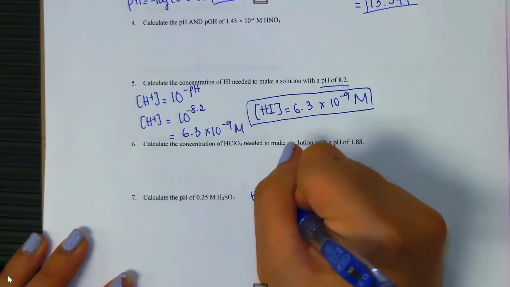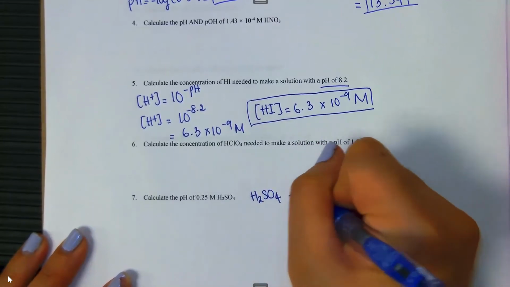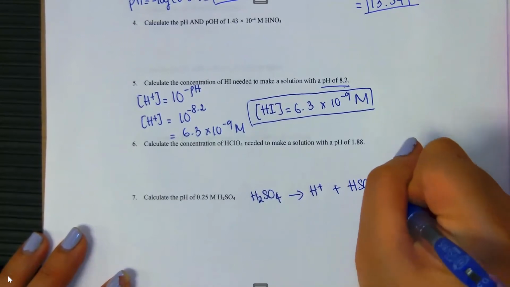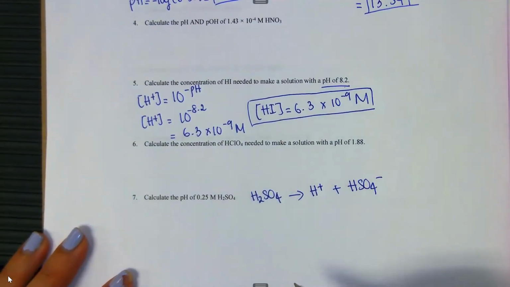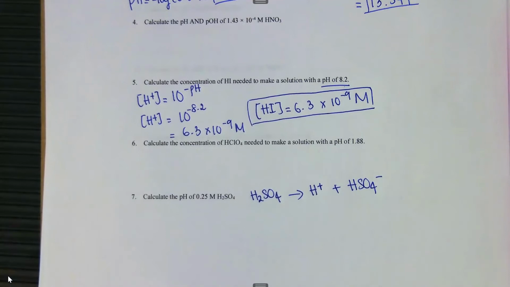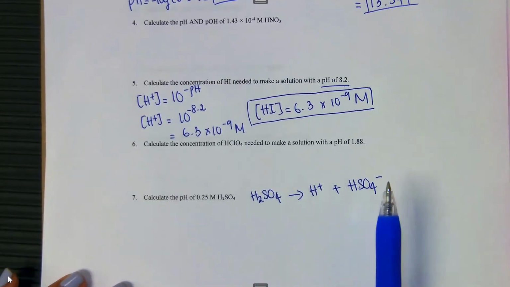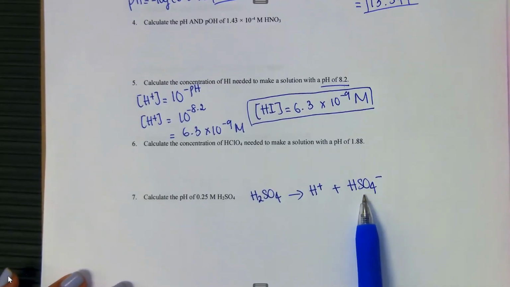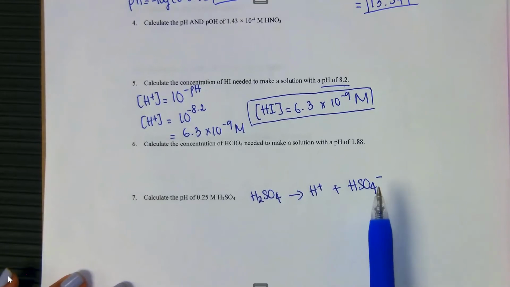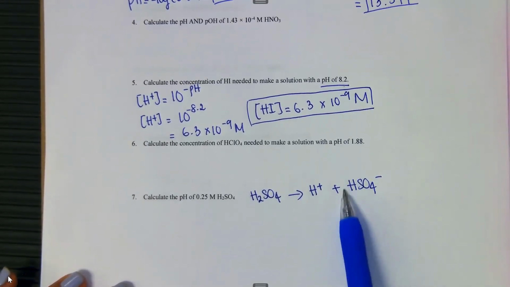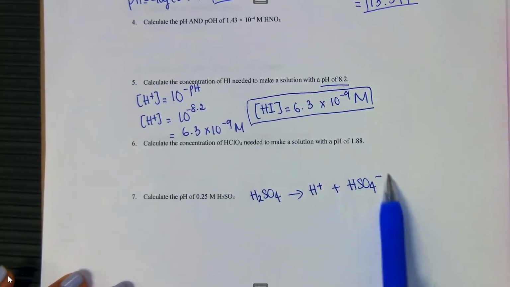When this acid dissociates, it will dissociate into H plus and HSO4 minus. We don't care about this anion because actually this is a weak acid, and there's a whole different set of calculations we need to do with a weak acid. So for this worksheet, we are not going to care about this hydrogen or this weak acid as a whole.